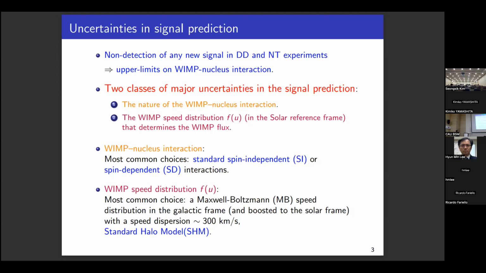One is the nature of the WIMP-nucleus interaction, and the other is the WIMP speed distribution in the solar frame, which determines the incoming WIMP flux. For the WIMP-nucleus interaction, the most common choice has been either standard spin-independent or standard spin-dependent interaction. For the WIMP speed distribution, the most common choice has been the standard Maxwell-Boltzmann speed distribution in the galactic frame, then boosted to the solar frame. This is called the standard halo model. And this u is the speed of the WIMP with respect to the solar frame.